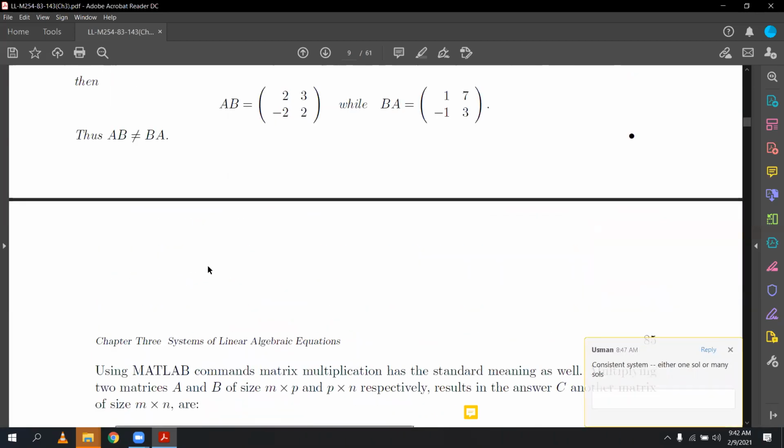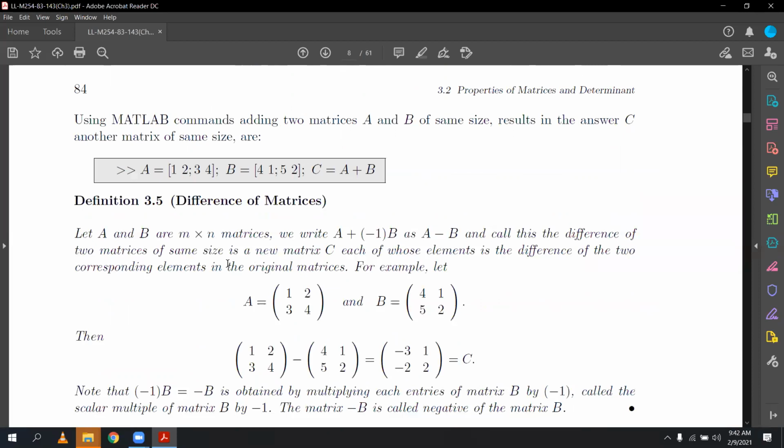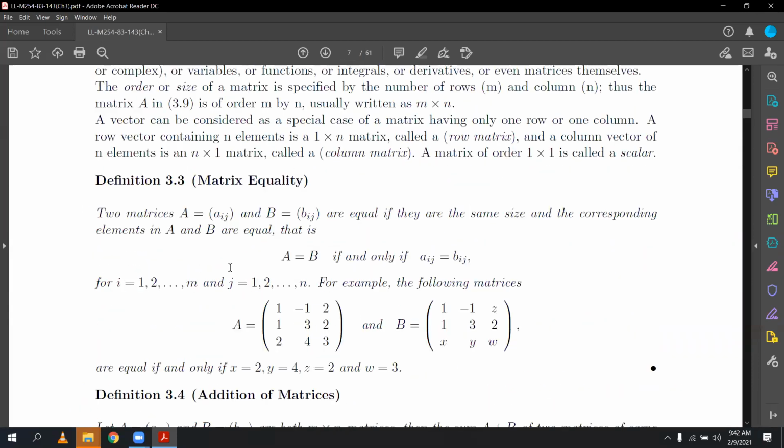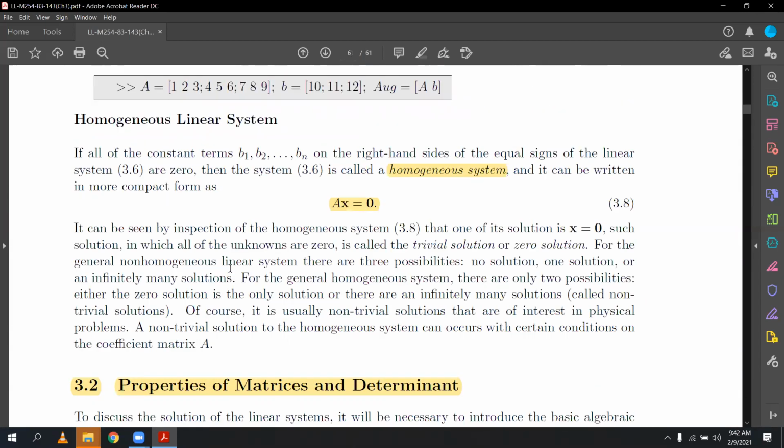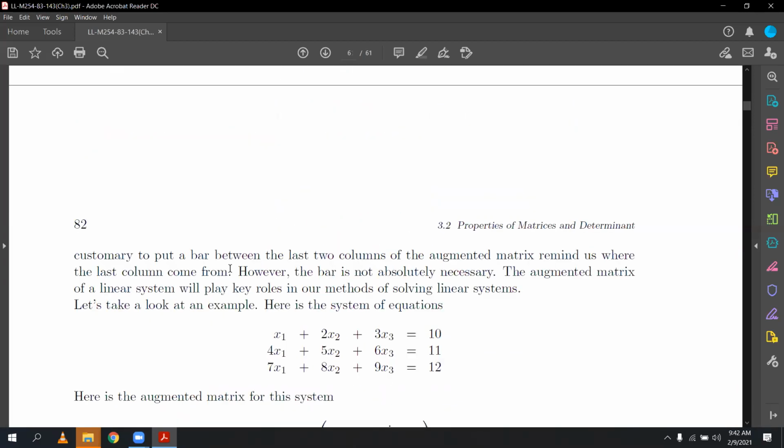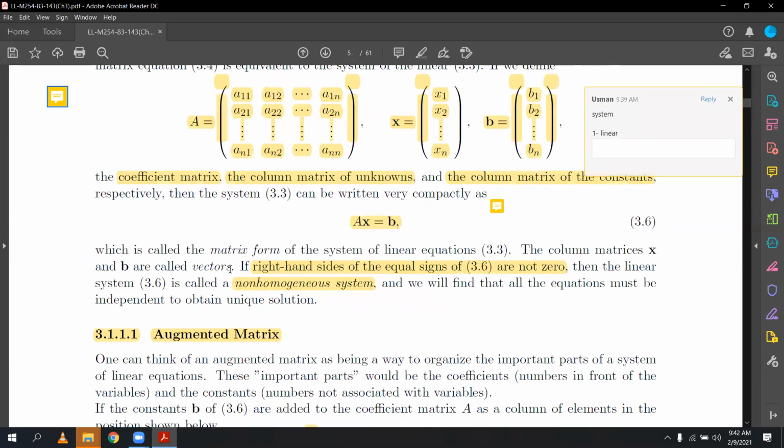So, of course, what is your matrix in chapter number 3? Your matrix in chapter number 3 is this one here. And what is your A matrix? What is the size of the A matrix, please? N cross N. Yes.